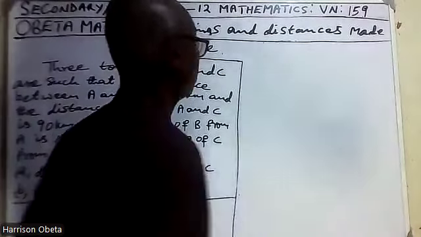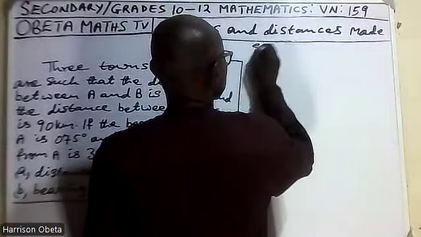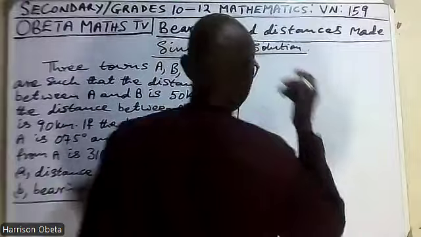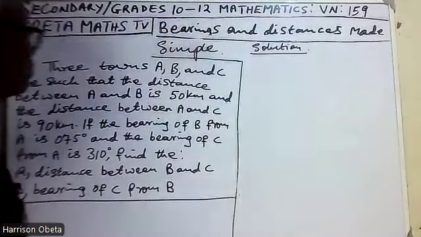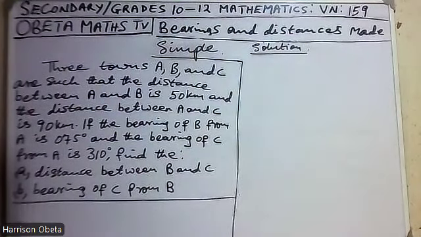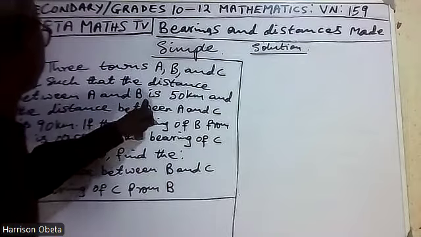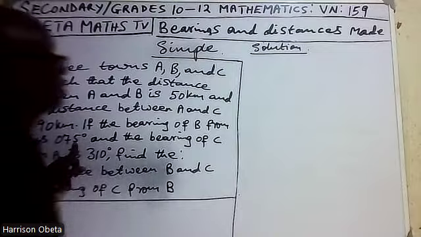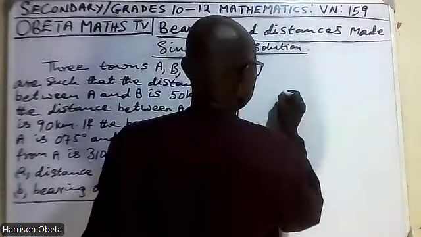As usual, we draw the solution. So you go back as you read, you present it in a diagram. A and B on a bearing of 075 degrees. So let's start by using this.